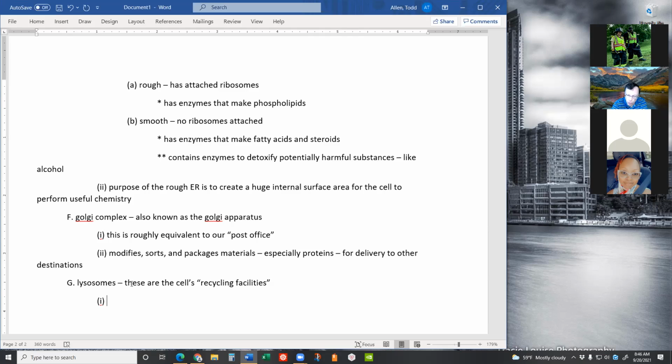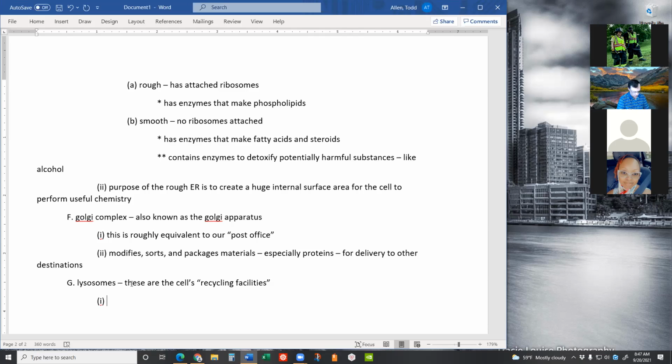If you have an old worn out phospholipid or an old worn out carbohydrate or some kind of molecule that's worn out, or even some kind of larger structure like another organelle, like a mitochondrion, which we haven't talked about yet, then the cell can use its lysosomes to recycle that material, break it down into building blocks, break it down into more primitive substances that the cell can then use to build something new again from the material that was broken down.